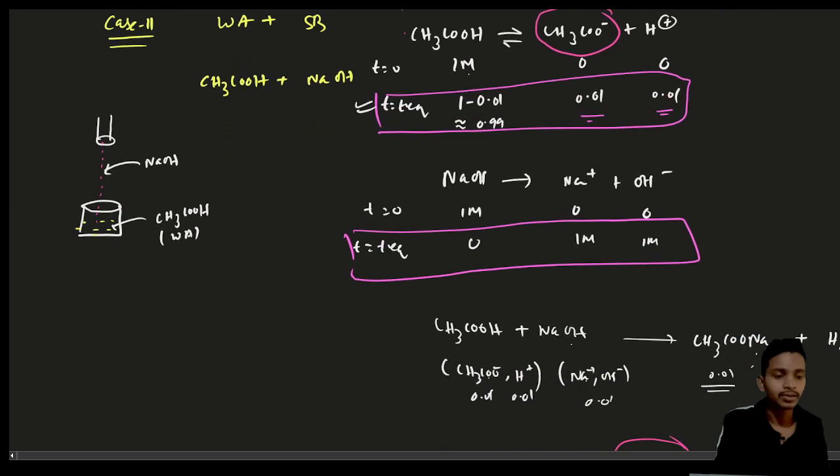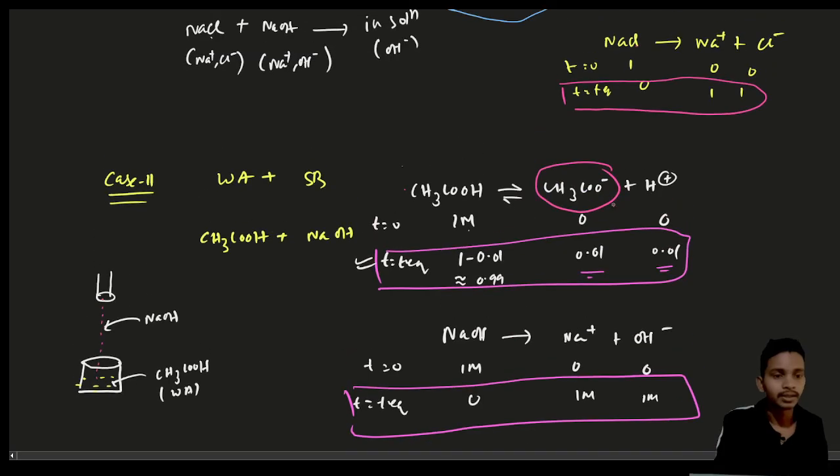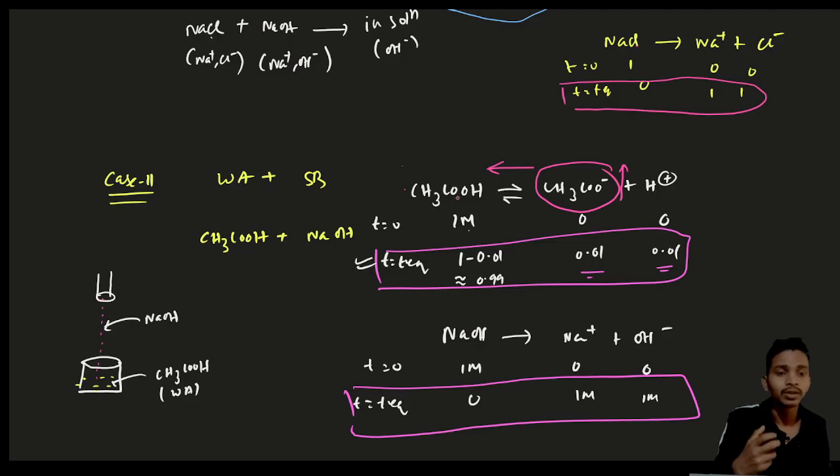So you know that in the solution, if this concentration is there and this concentration is there, this concentration increases in the solution. If this concentration increases in the weak acid, you know that by Le Chatelier's principle, if the concentration of product increases, then the reaction will shift backward. So the dissociation of CH3COOH again decreases.